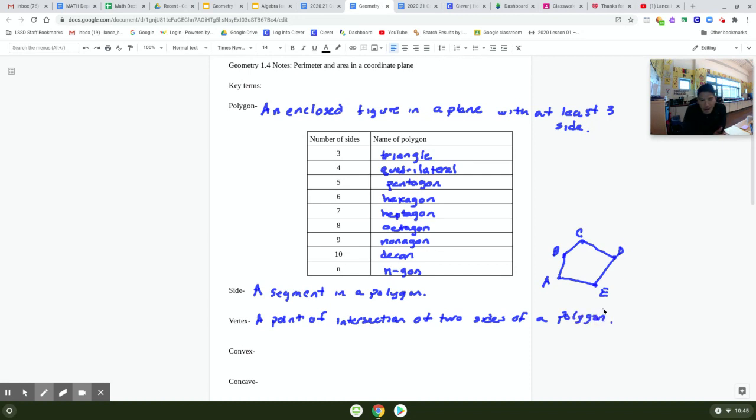Polygons could either be convex or concave. I'm just going to go over a general definition. You could look at a more formal definition of convex and concave polygons. We'll be sticking mostly with convex polygons when we're trying to figure out side lengths, angle measures of polygons, and so on. So maybe some of you are familiar with a geoboard.